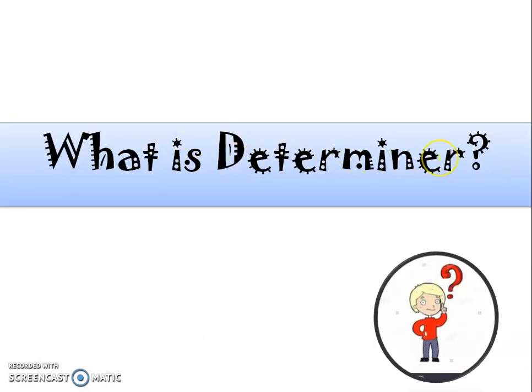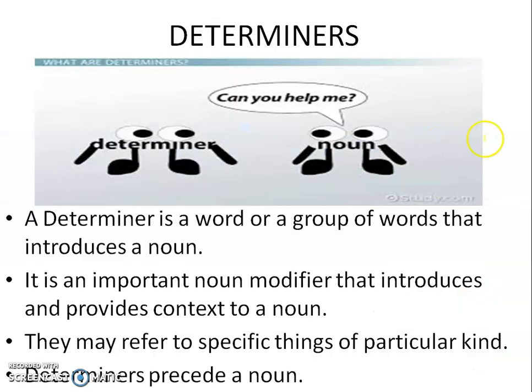What is a determiner? A determiner is a word or a group of words that introduces a noun. In this picture, you can see that a noun is asking for help and the determiner is giving help.